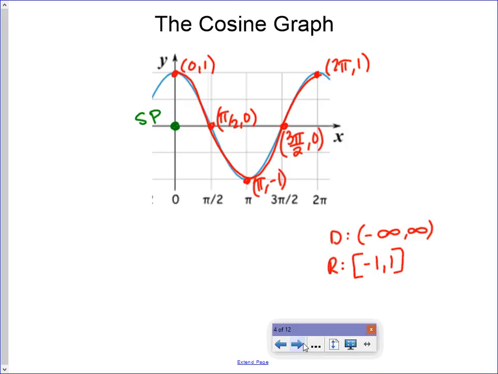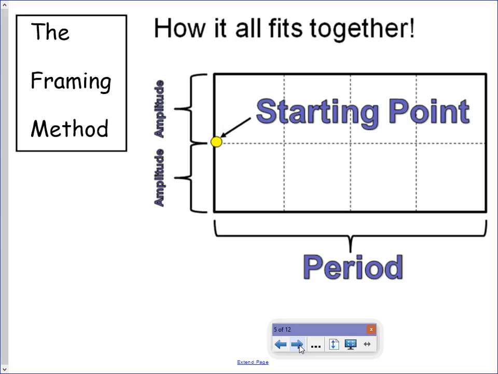Okay. The other things that you did yesterday that are going to be helpful for the frame is you identified amplitude. Remember that amplitude is half of the distance from the lowest to the highest point. So you see me here on my starting point. I've got to put an amplitude above and an amplitude below so that the distance from my minimum to my maximum is twice the amplitude, because the amplitude is half that distance.